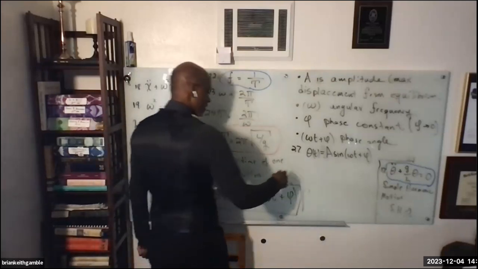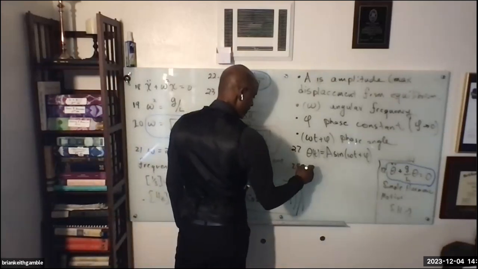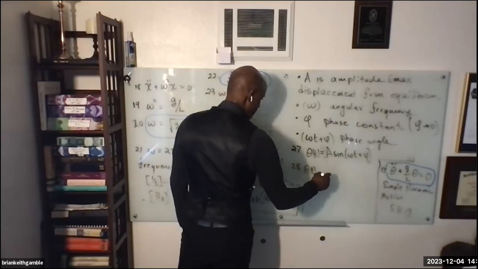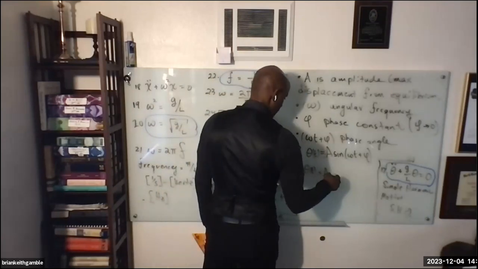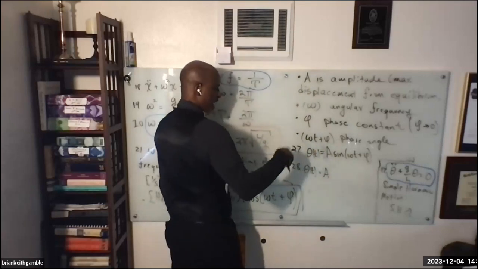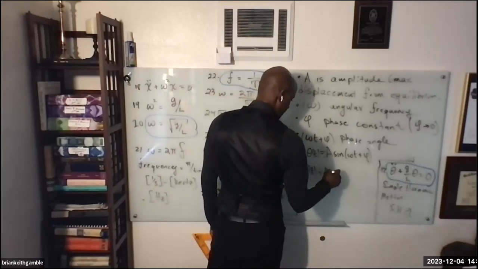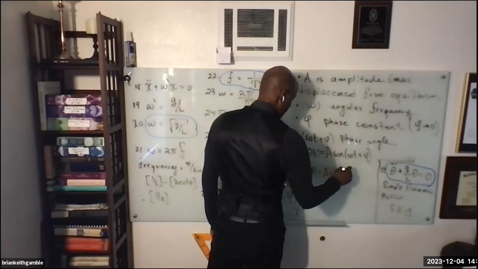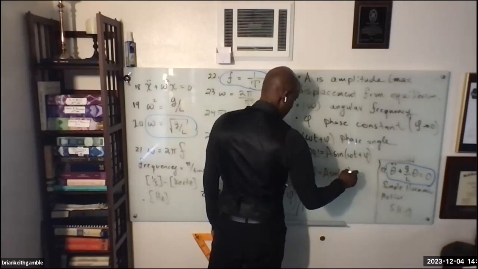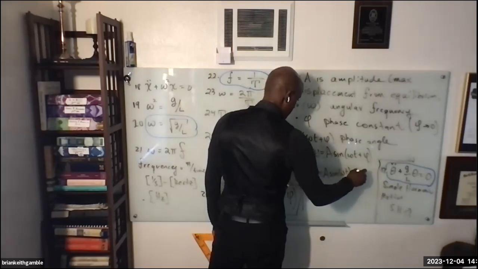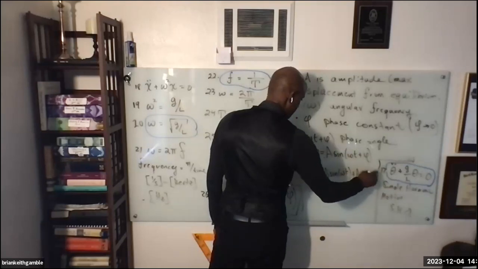Or what about combinations? My solution is equal to A, and let's make it nice so that we can make the amplitudes and the omega the same. This is also a solution: A times sine of omega t plus A times cosine of omega t.